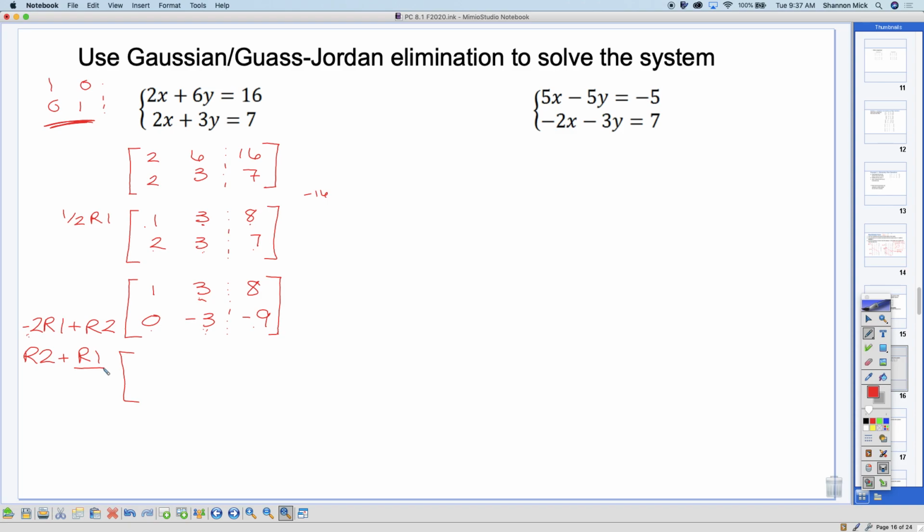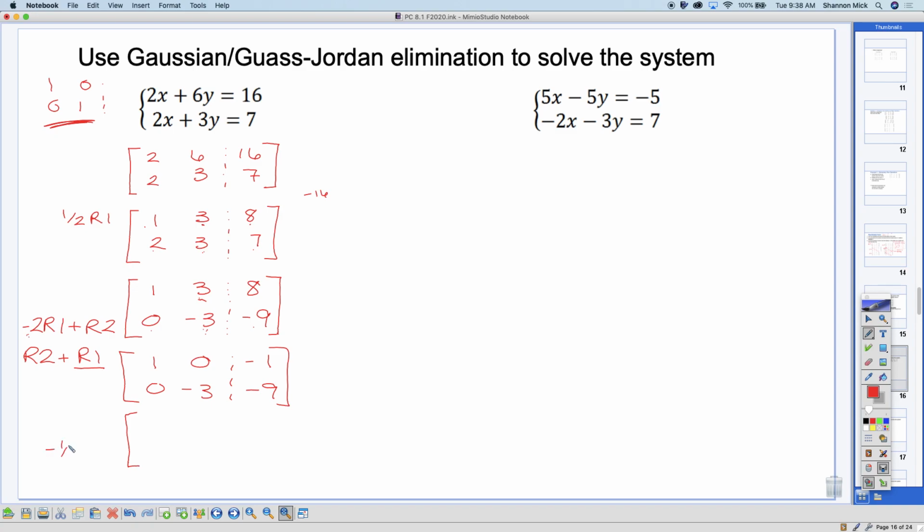You got it done yet? So I think you should get 1, 0, -1, 0, -3, -9. Yes? Now, Maddie, we can do your 1/3 on the bottom. -1/3. Why -1/3? To get it to positive.